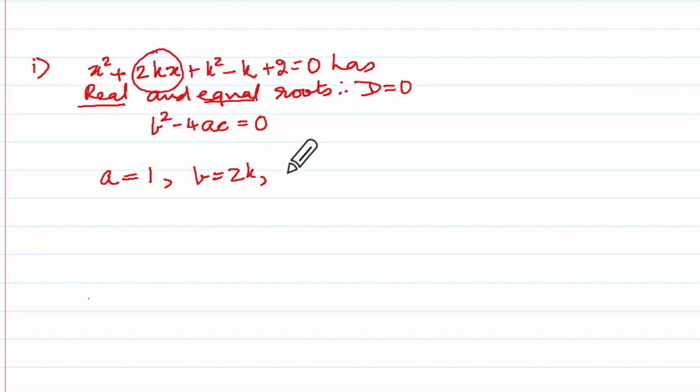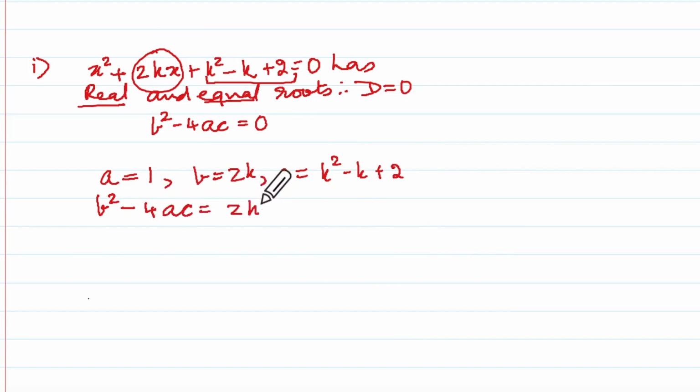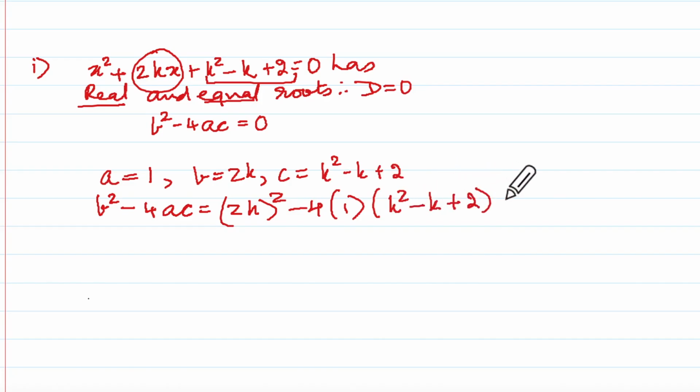And c will be equal to k square minus k plus 2. So we will write b square minus 4ac will be 2k whole square minus 4 into 1 into c, which is k square minus k plus 2, equal to 0.